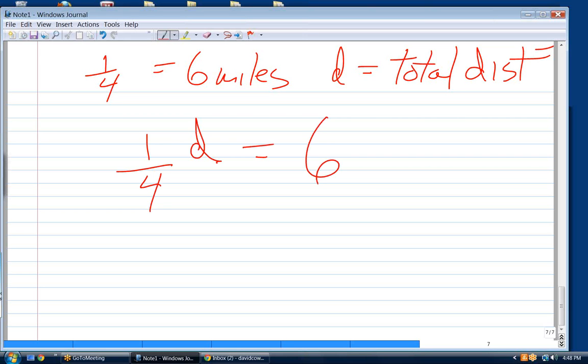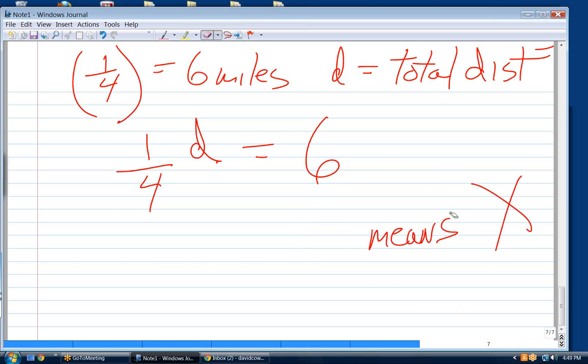Oh! I see, because the total distance is... Right. Exactly. And you've done 1/4 of the total distance. So the word "of" in word problems means multiply. Okay.